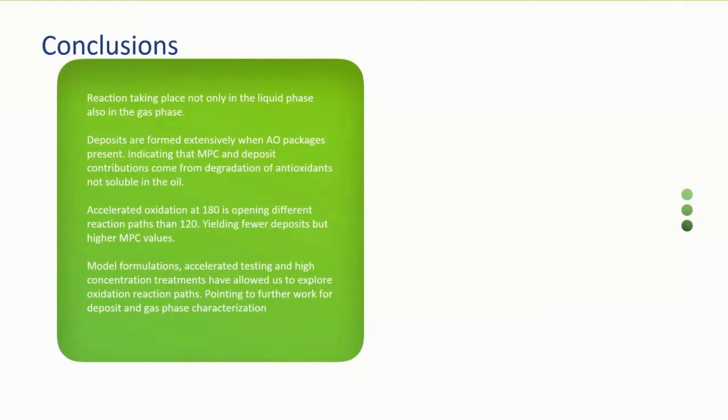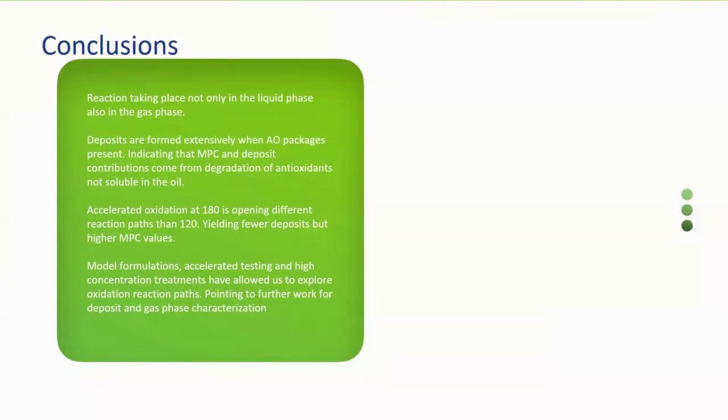In closing, from our study, we have realized that reactions taking place not only occur in the liquid phase, they also occur in the gas phase. Secondly, deposits are formed extensively when AO packages are present, indicating that MPC and deposit contributions come from the degradation of antioxidants not soluble in the oil.